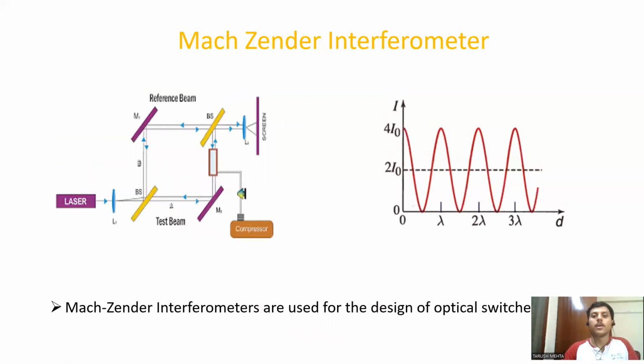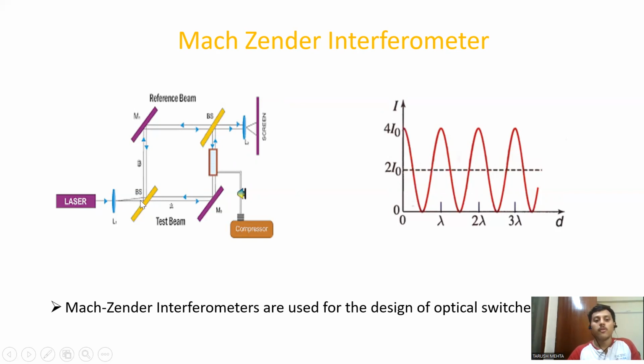Moving on to the next interferometer, it is the Mach-Zehnder interferometer. The Mach-Zehnder interferometer is used for measuring the refractive index of some material. The structure of the Mach-Zehnder interferometer looks something like this. Again, we have a laser source, and this time we have two beam splitters.